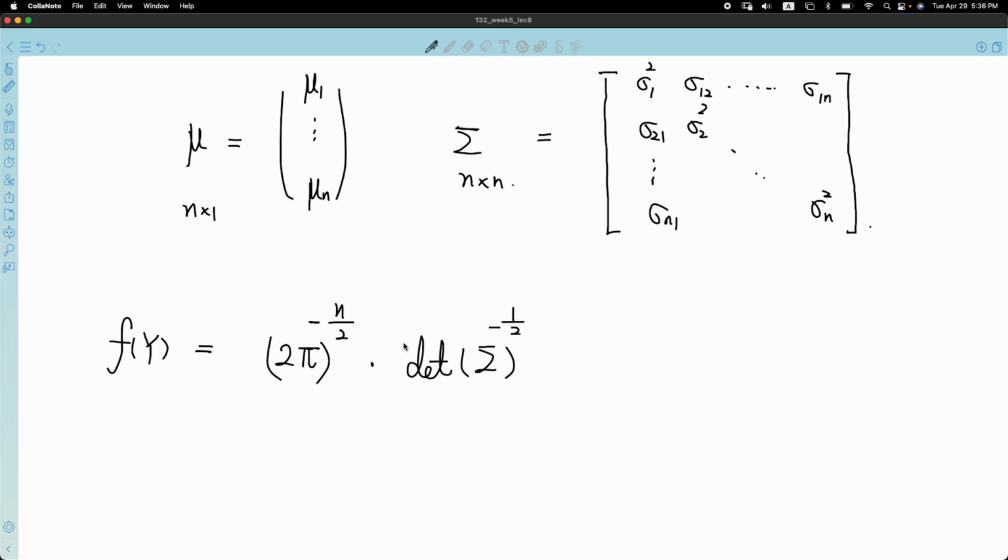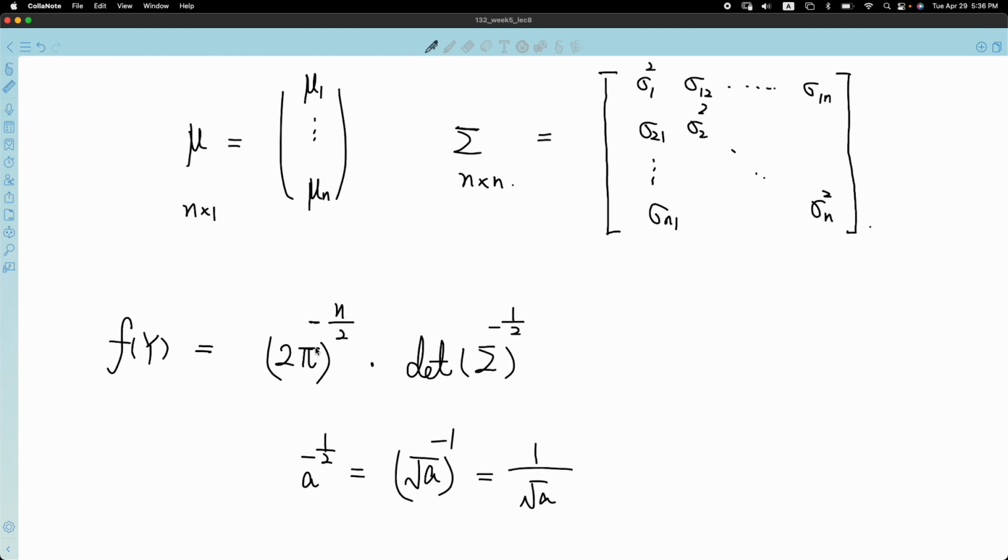Just in case you're not familiar with the negative 1/2, for a scalar a, if you raise it to the power of negative 1/2, first let's work on the 1/2. This says you take the square root, and then the negative says it is in the denominator. So you have 1 over the square root of a. You can imagine that this is 2 pi raised to the power of n, but you take the square root of that and put it in the denominator.